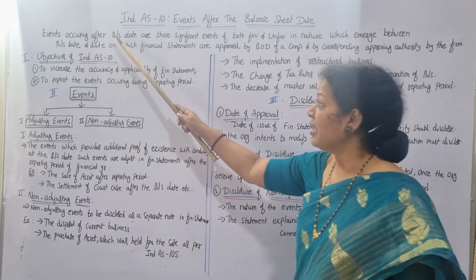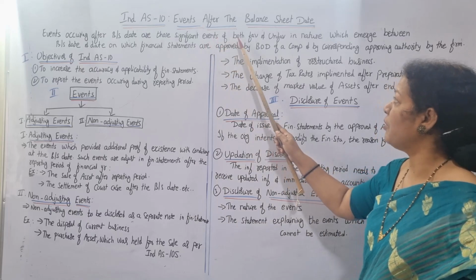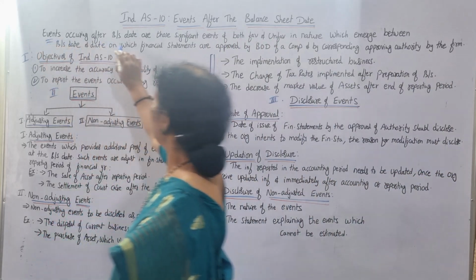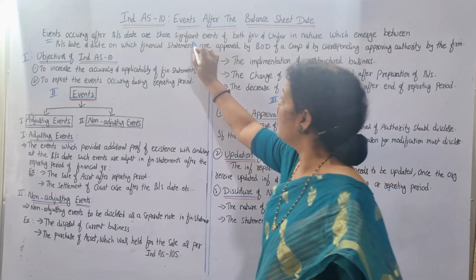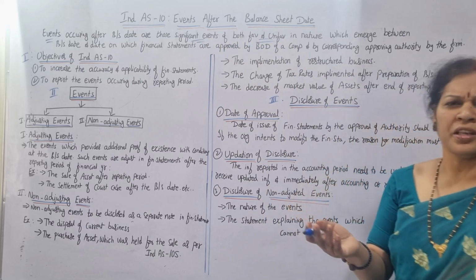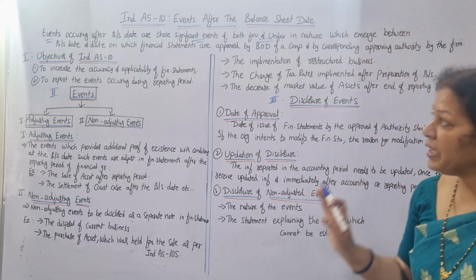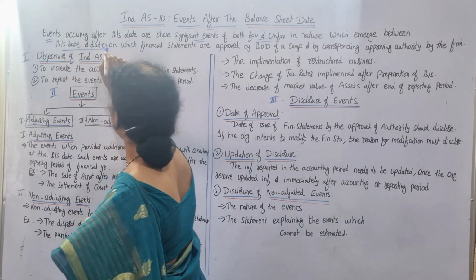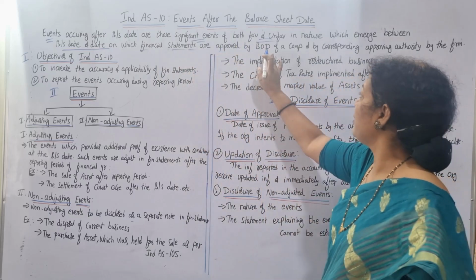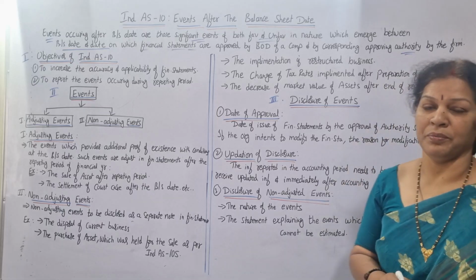Events occurring after the balance sheet date are those significant events, both favorable and unfavorable, which emerge between the balance sheet date and the date on which the financial statements are approved by the board of directors of a company and by the corresponding approving authority of the firm.